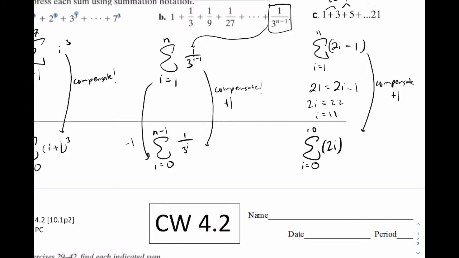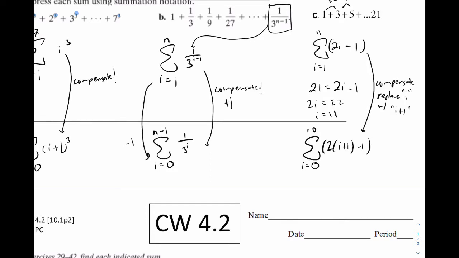So none of these numbers are matching, which means the compensation here failed. Which means we have to understand this a little more deeply. The compensation means you replace i with i plus 1. So really, to fix this, I should say 2 times (i plus 1) minus 1.